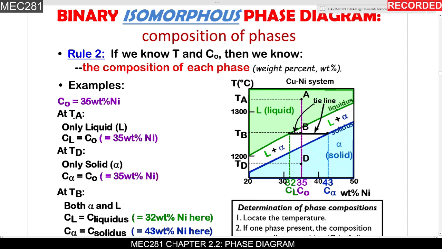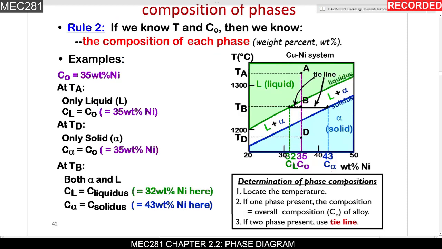If the temperature is at TA, CL equals C0 at that point. If we have the temperature TA and find it here, it is only liquid. And for TD, around here, still at that composition of 35%, we know that it is solid.